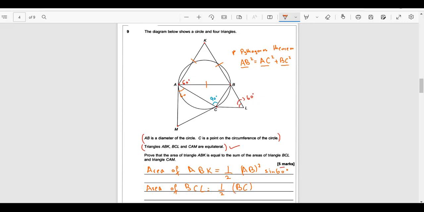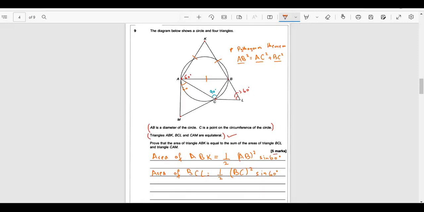Half BC square into sine 60 degrees. And then the third one would be the area of CAM. Can you tell me what would be the formula? Half AC squared and sine 60 degrees. Well done. Because you can see that there would be a link with it.